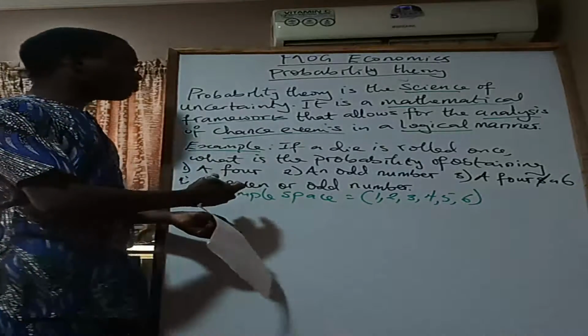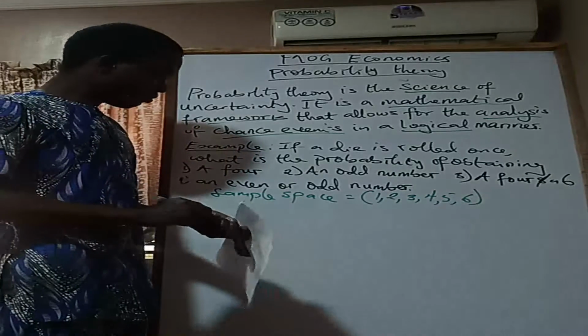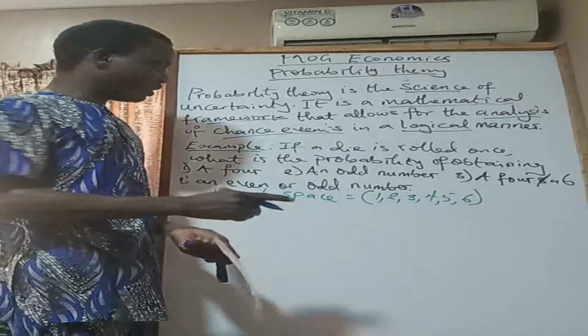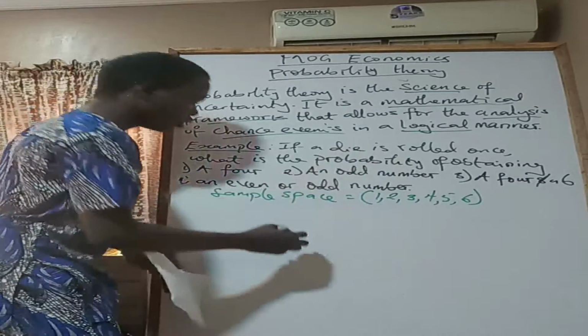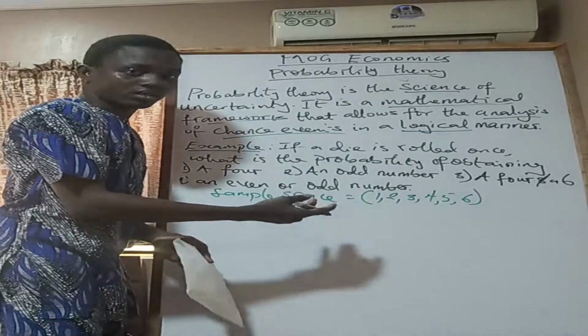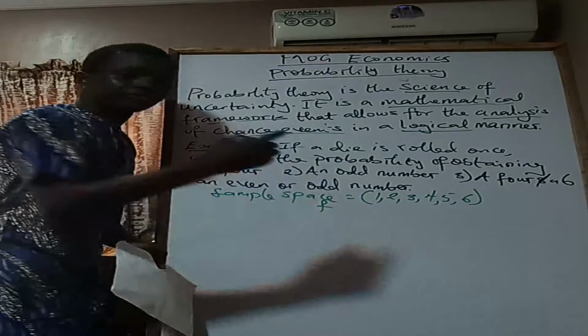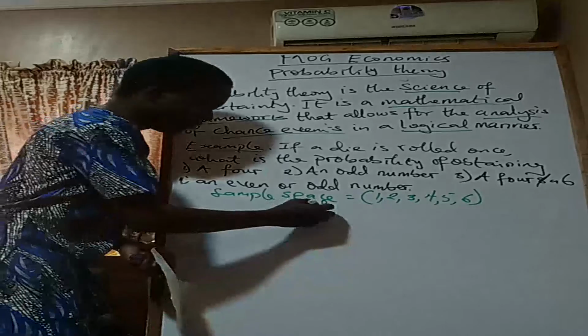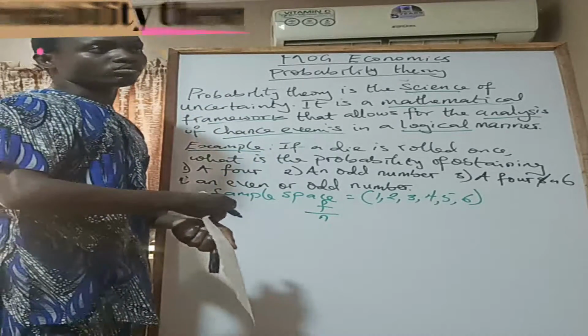Now, if you're looking at the probability of obtaining a 4, how to do it is, how many times do you have 4 here? Once, right? So we say the frequency is 1. The normal formula for probabilities is the frequency of the events that you're interested in divided by the total number of occurrences.